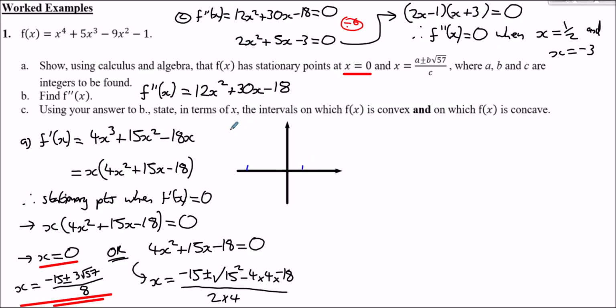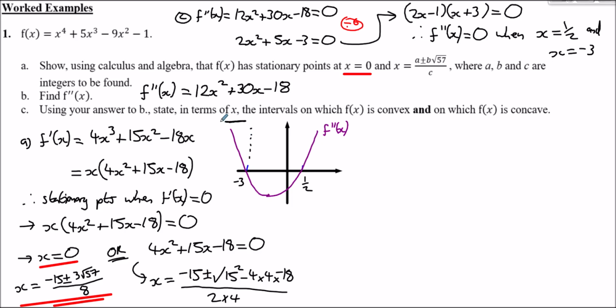So imagine the graph of it like now. It's a positive parabola because it's a 12x squared. So that's a graph of f double dashed of x. So we can see where it's positive and see where it's negative relative to these critical points. The critical point is a half, that critical point is negative 3. So at this region here, that's where clearly f double dashed of x is positive.